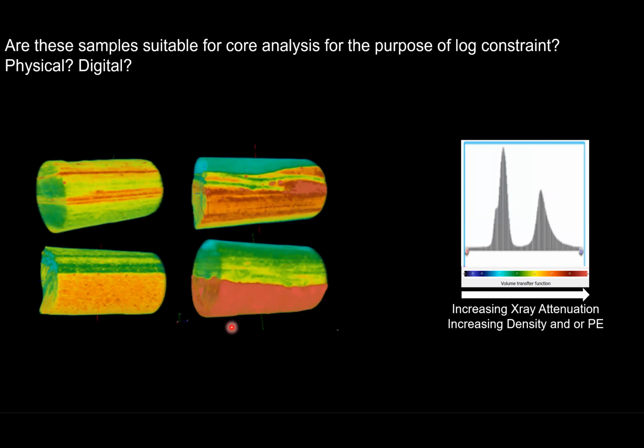For example, here this plug has distinctly two different lithologies, right? So if you send this to a conventional core analysis lab, when they give you a porosity number, it'll give you one porosity number out of this plug. So it's actually representing two different lithologies. That porosity is not representing both of these, but is a kind of a mix of both these different lithologies, right?